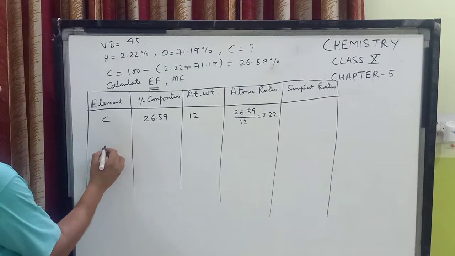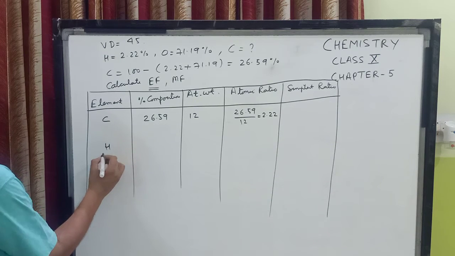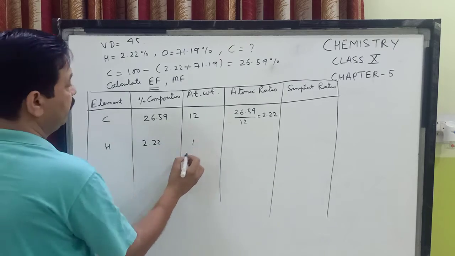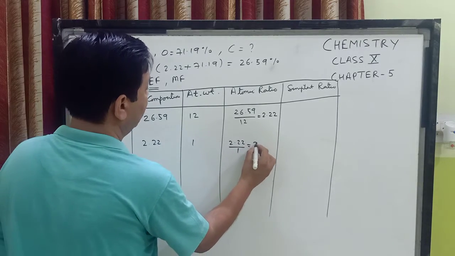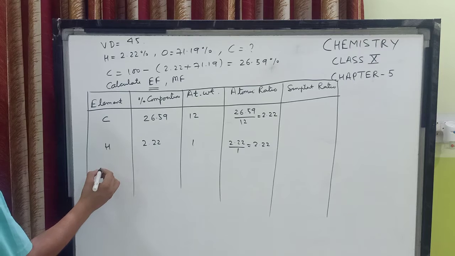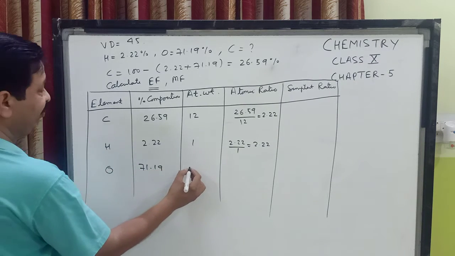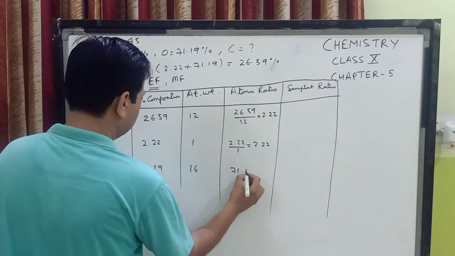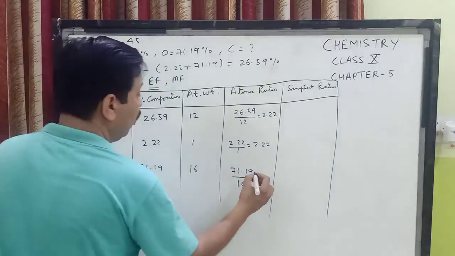Then we take hydrogen. The percentage is 2.22, its atomic weight is 1. So if we divide 2.22 by 1, it will come out to be 2.22. And the last is oxygen. Oxygen is 71.19, the atomic weight of oxygen is 16, and it comes out to be 4.44.